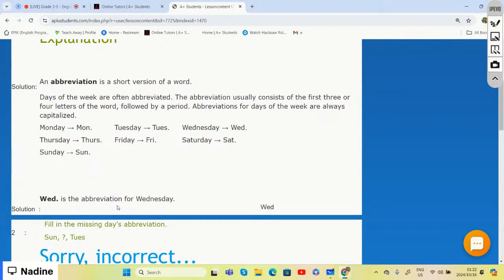All right. So that is basically our days of the week. Remember, we have 7 days in the week. All right. So remember, do not forget that when we abbreviate a word, then we need to add a period.